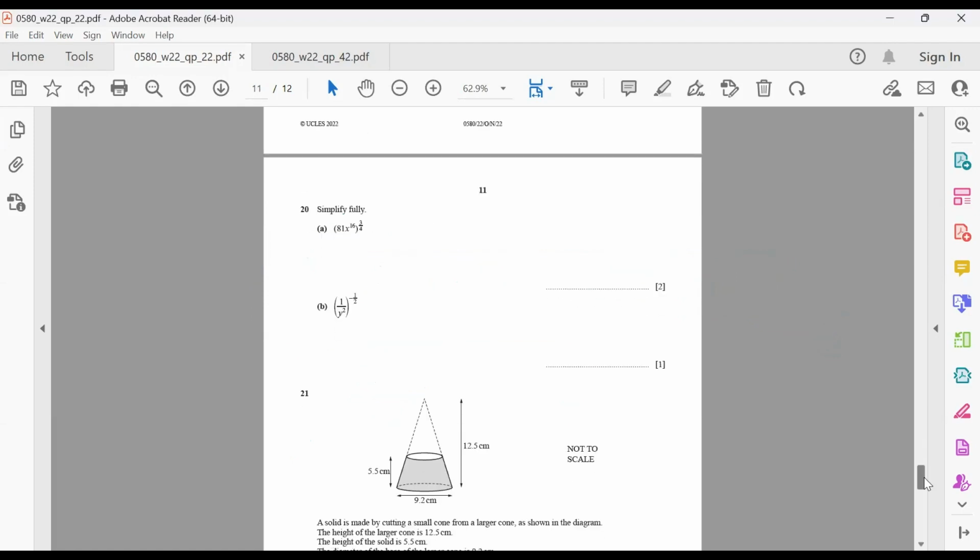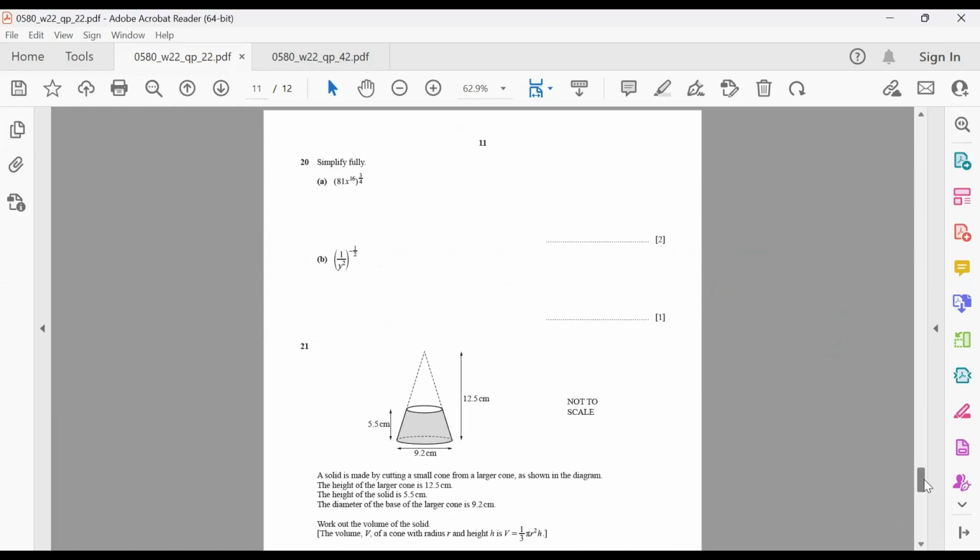Great. So let's move on to question 20. Okay, so again, it's an exponent. When you have a number like this inside your bracket and it's raised to this power, first you do 81 raised to that power, and then you do x raised to 16 raised to that power.